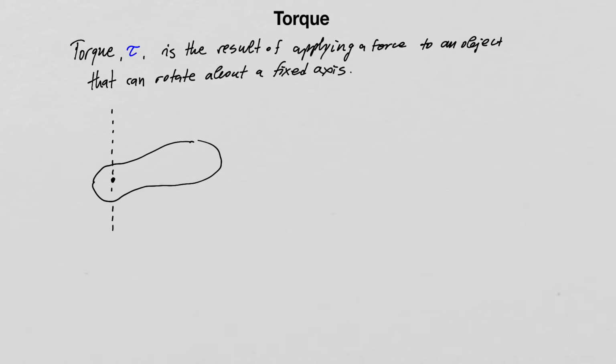If I applied some force F to this object, that will cause the object to rotate about this axis, like so. And so the application of this force results in torque, which causes that rotation.